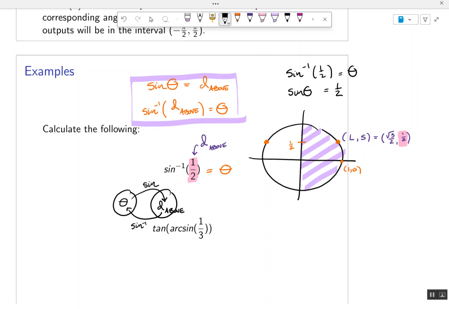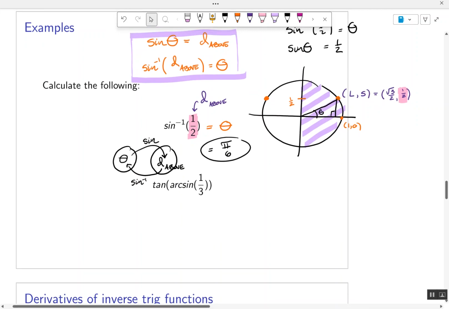The distance above is short, as illustrated by this triangle. So I've got √3/2, and there's my 1/2, which is the y value. I just have to decide between that point and this point as far as which one is pi/6 and which one is pi/3. Pi/6 is the smaller one, so we have pi/6.